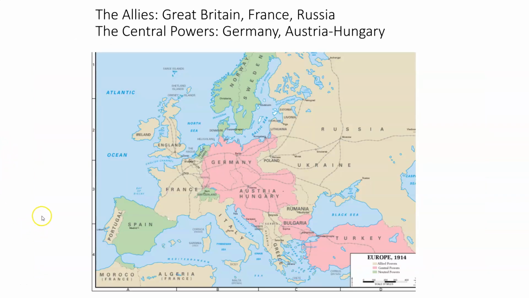So when the war breaks out, you have a series of two sides, I guess you could say. You have the Allied powers. They're represented by this kind of orange, tannish color, right? You have France, England, and Russia at the time. And then the pink are the Central Powers, Turkey, Austria-Hungary, and Germany.